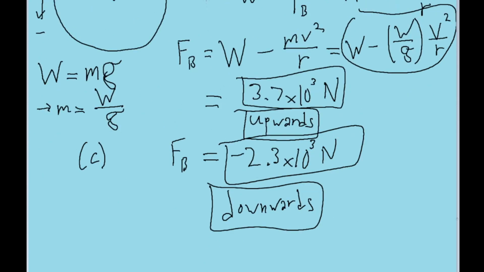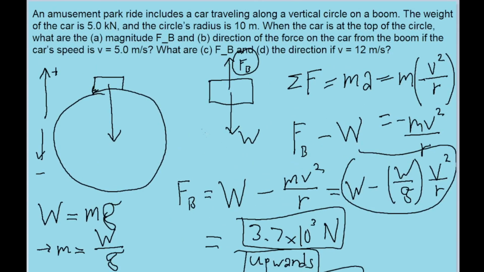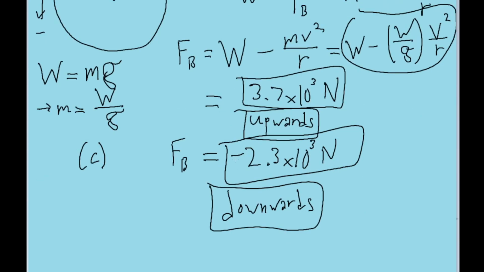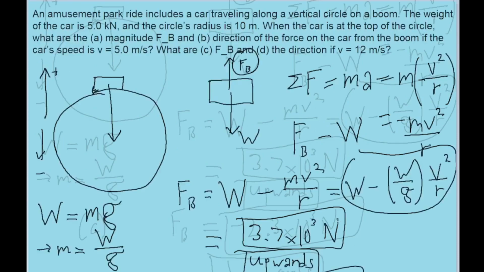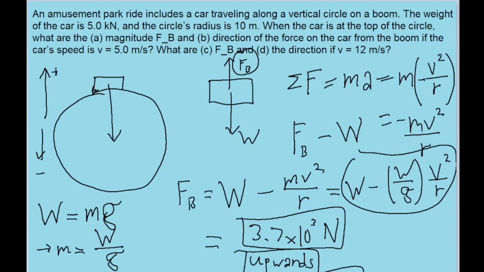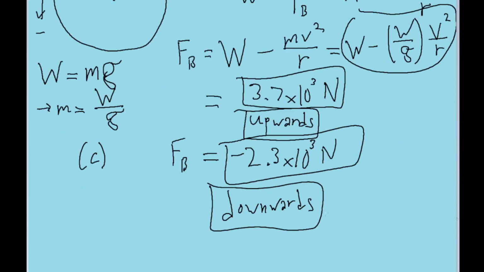So if you're filling out these answers online, or writing an answer to a problem like this for your teacher, you might not want to include the negative sign and just add that it's a downward force, but I suppose that just depends on how the teacher is giving this problem. But either way, that's the gist of this problem. That's how you do this problem. And that's all for the solution.